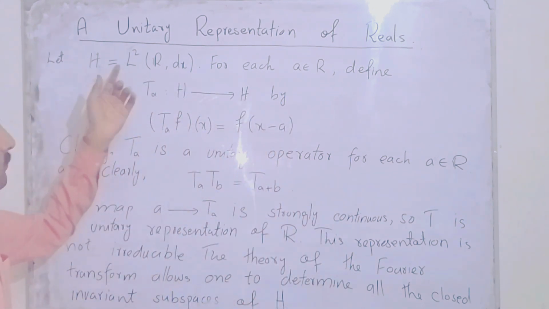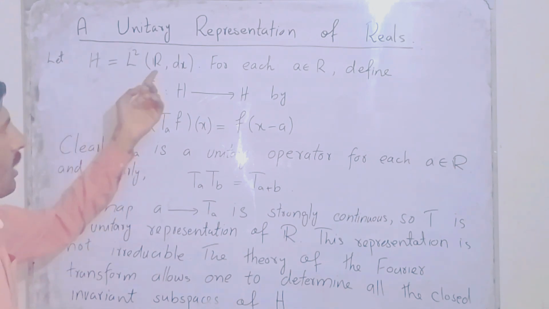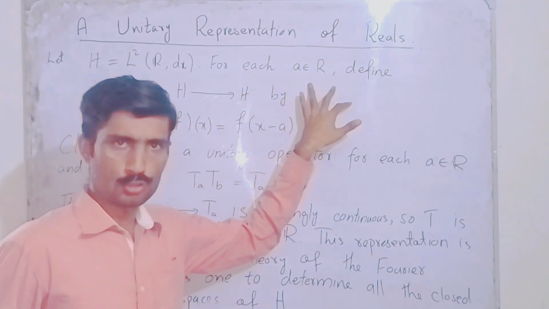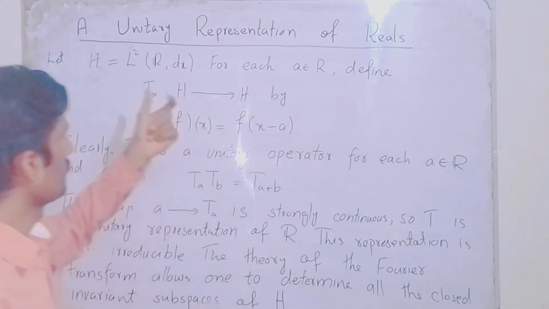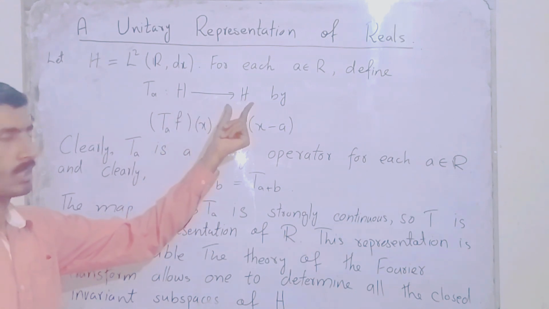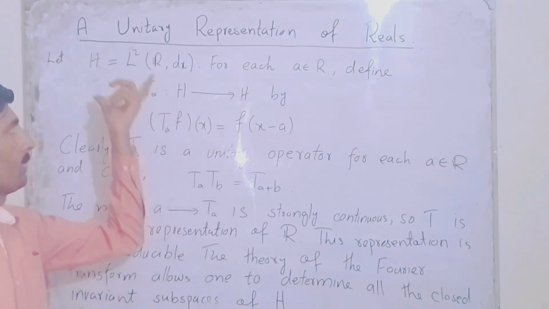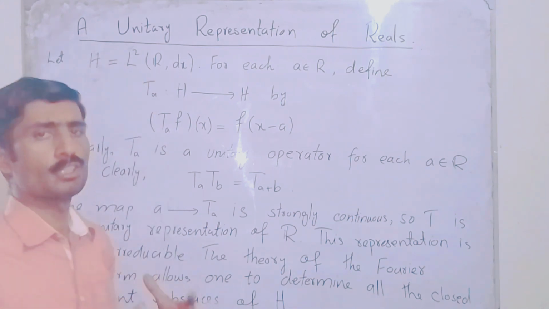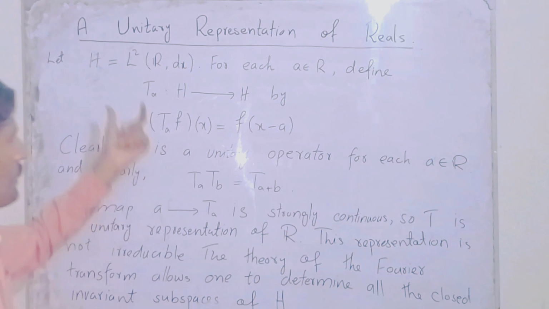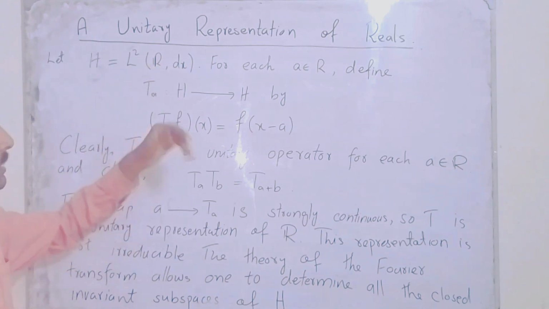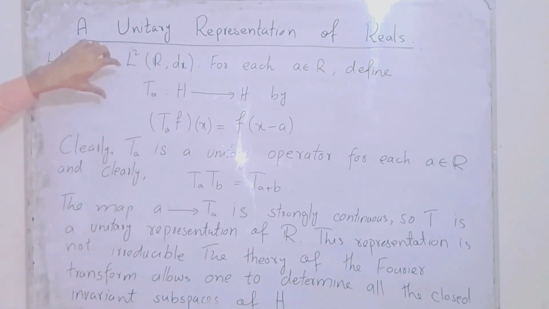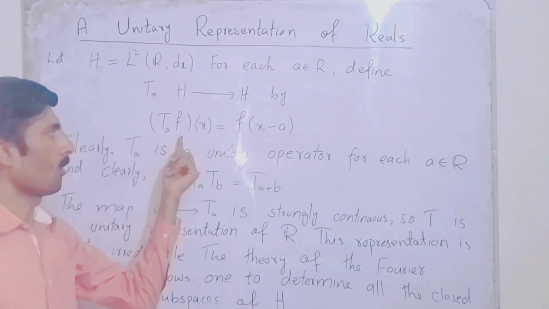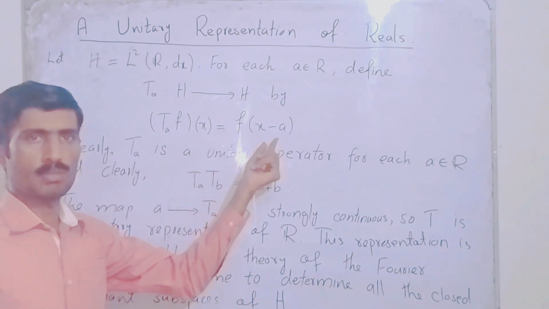Let H equal L squared of R with measure dx, and for each a belonging to R define T_a from H to H, where H is the space of square integrable functions. Then T_a of f at x is equal to f of x minus a, right?